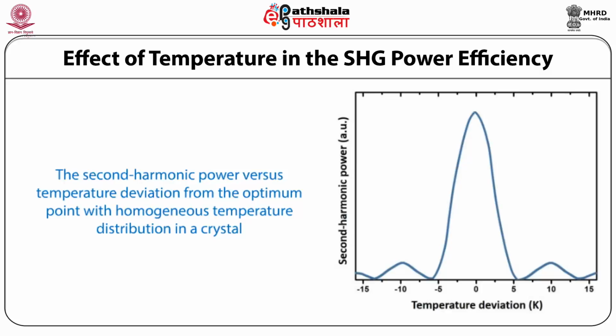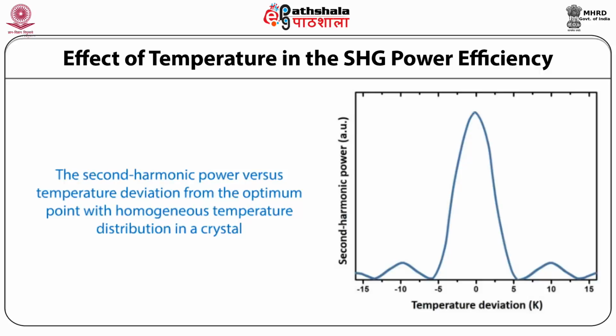The crystal temperature around the optimum point develops phase mismatch and variation in the conversion efficiency. Figure 3 plots the second harmonic power versus temperature deviation from the optimum point, with homogeneous temperature distribution in a crystal.